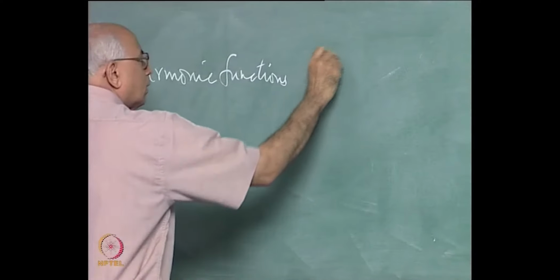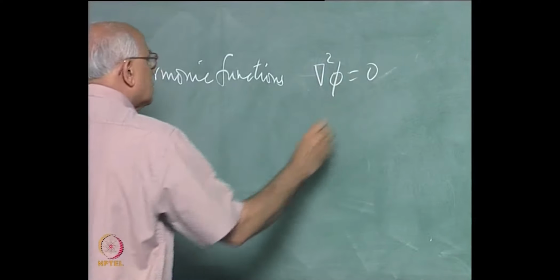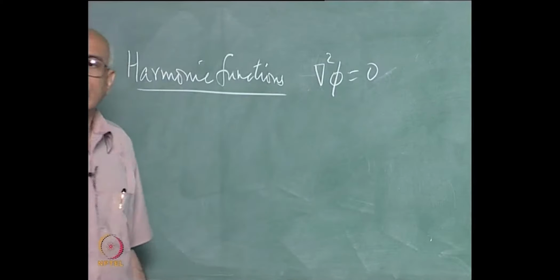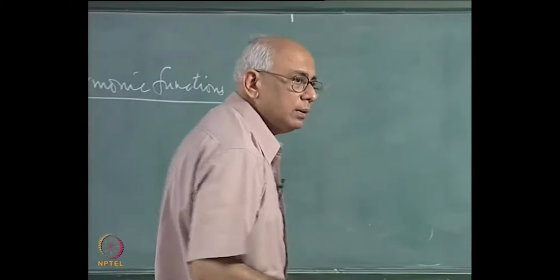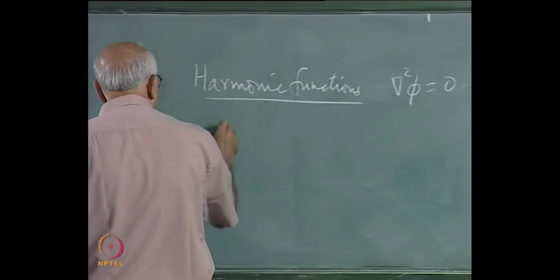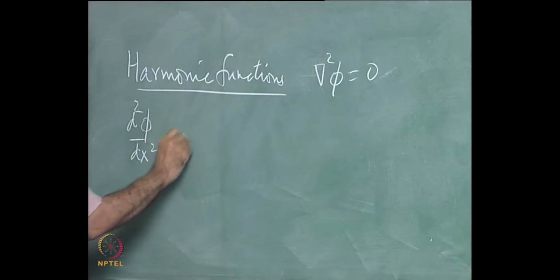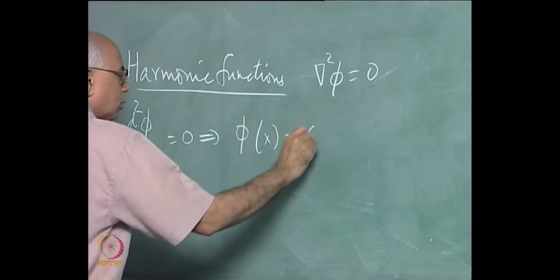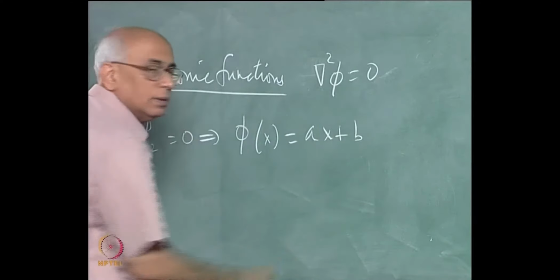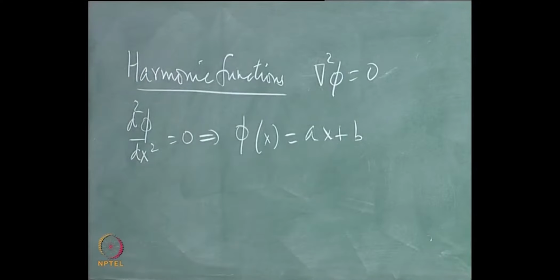They are solutions of del squared phi equal to 0 in some region, any number of dimensions. Let us look at one dimension. What would this function be? You have d2 phi over dx2 equal to 0, and that of course immediately implies that phi of x must be at best a linear function in this fashion, no curvature at all.